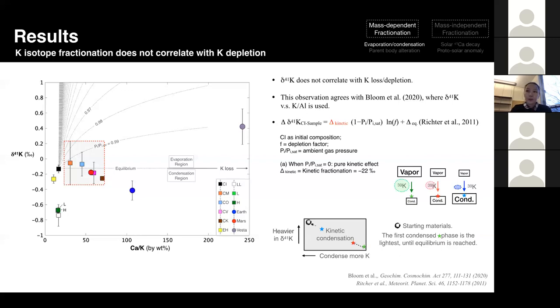And with more and more vapor condensed, the later phases, shown as red and blue stars, will have heavier isotope than the initial one. This is because the vapor reservoir is becoming isotopically heavier by constantly condensing out the light isotopes. And the condensed phase will eventually become equal to the starting composition when the potassium is completely condensed.